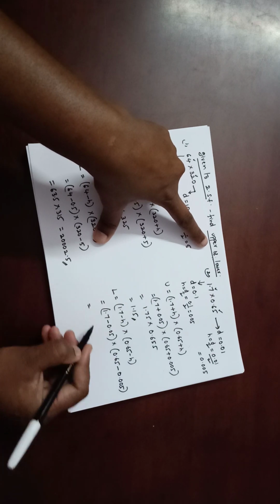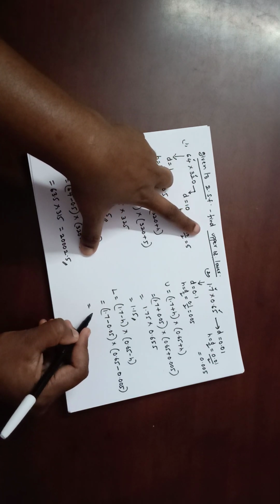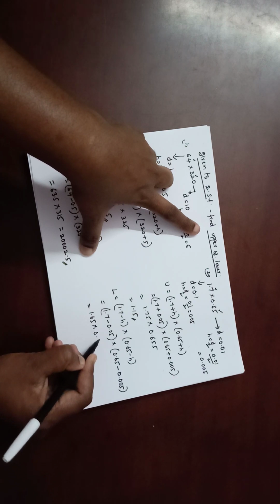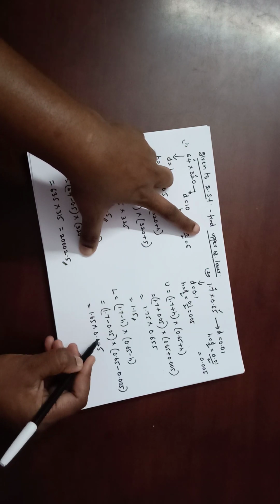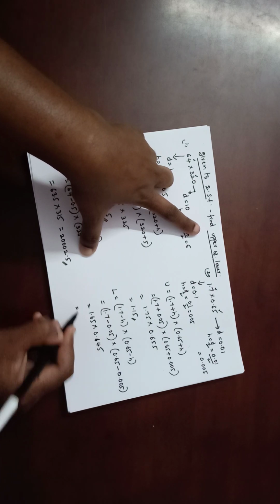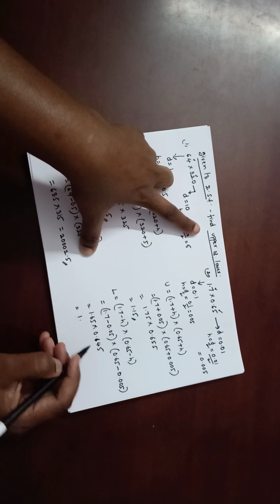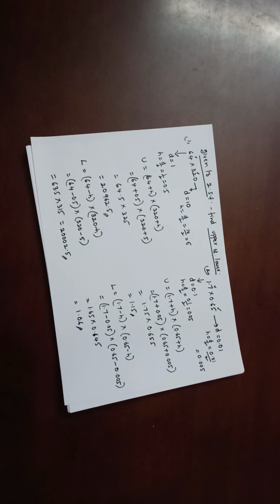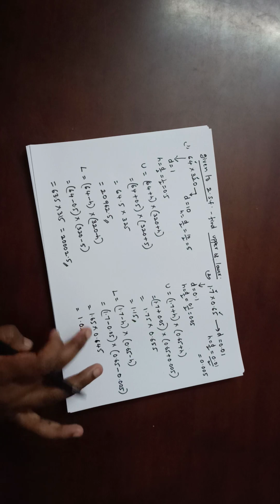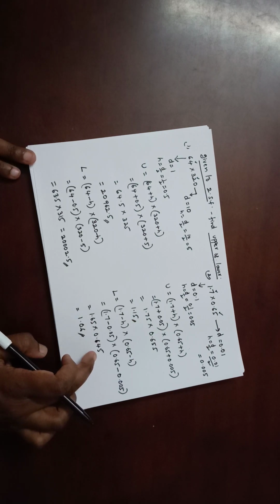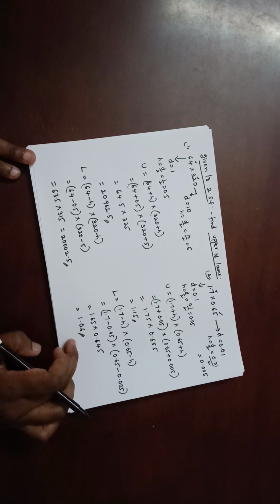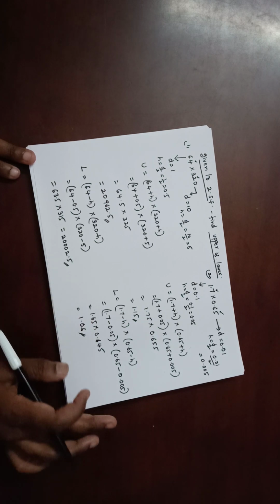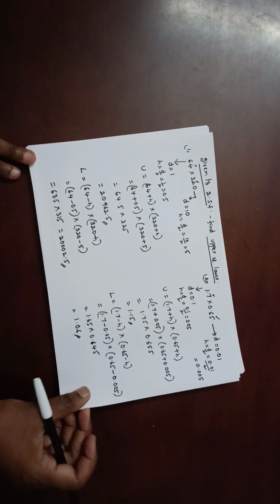So this is 1.65 into 0.645 after subtracting the values. So 1.06 is your lower bound. Just take these numbers and take the help of a calculator, you'll get the values easily. Okay, so these are the upper and lower bounds for two significant figures.